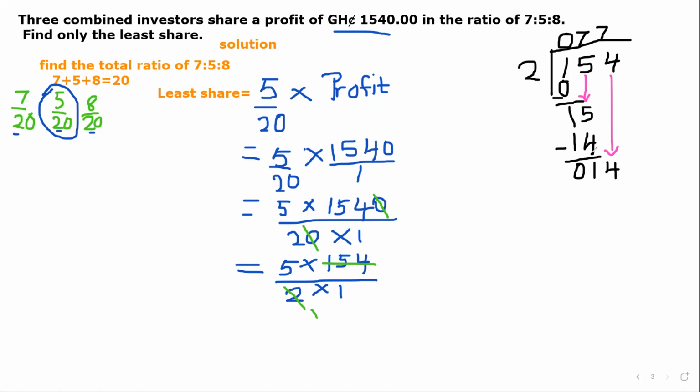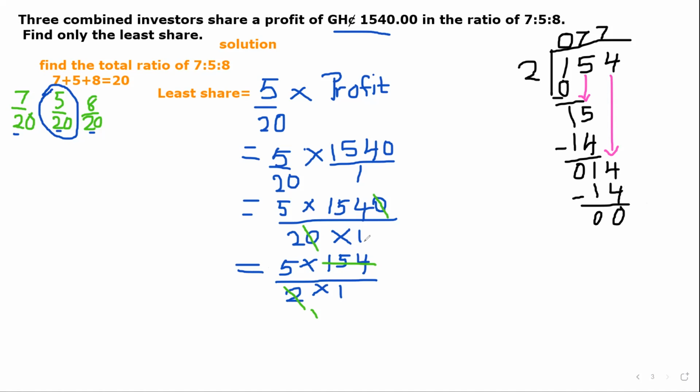So 7 times 2 is 14. And then you subtract. When you subtract, here is 0 and here is 0. There is no number to drop down, and the remainder here is 0. Therefore, 077 is the same as 77.